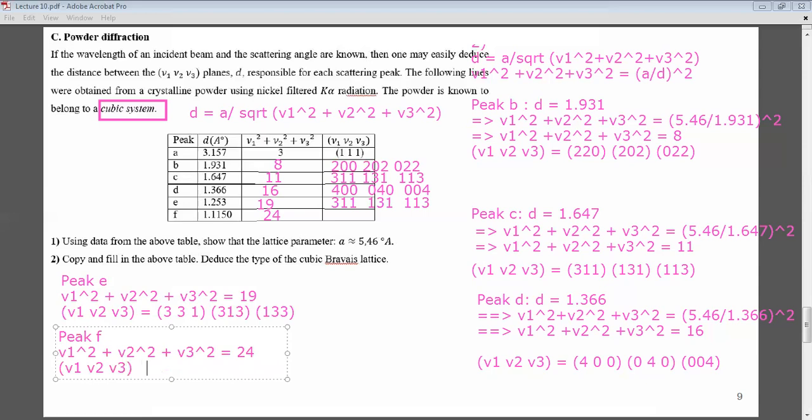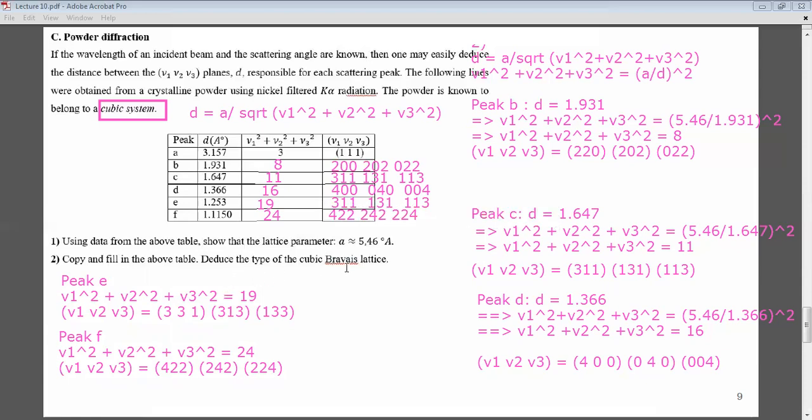If I take 4, 2, 2, or 2, 4, 2, because 4 square is 16 plus 4 plus 4, so this gives me 24, or 2, 2, 4. So I filled the whole table.